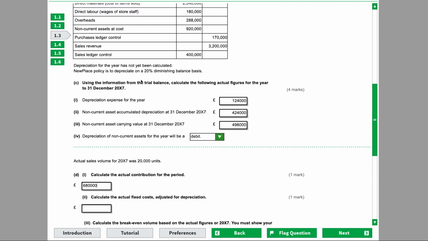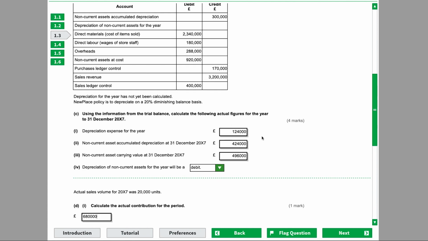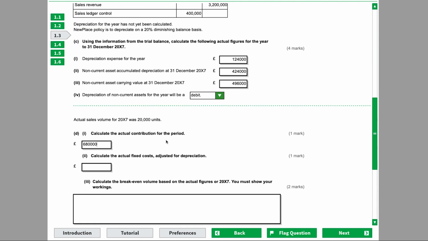So what we need to do is take our fixed costs, which are our overheads, which are here, this 288,000, and we need to add on our depreciation expense for the year, which is the 124,000. So let's add those two together. So that gives us an actual fixed cost of 412,000. So that takes care of those numerical questions.